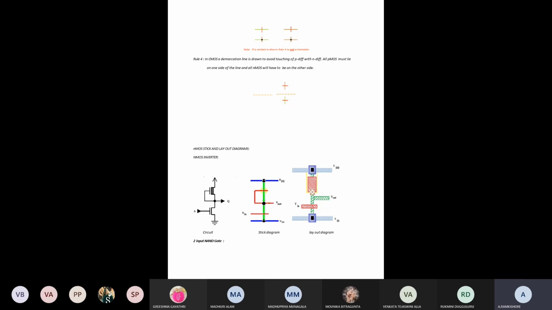After that, for the depletion mode transistor and the NMOS transistor, in both transistors we have to use N diffusion. N diffusion will be represented with green color.